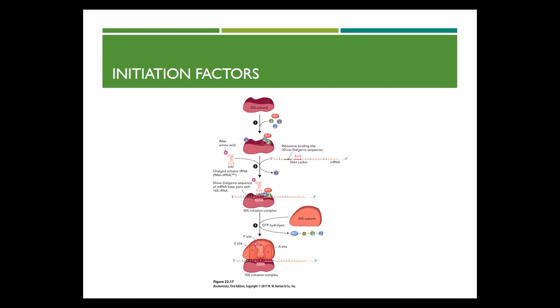Other than finding the Shine-Dalgarno sequence, there are other things that are going to help initiation. Bacterial initiation requires 3 initiation factors called initiation factor 1, initiation factor 2, and initiation factor 3, all abbreviated IF1, 2, and 3.